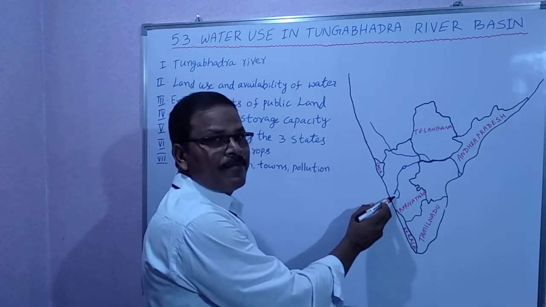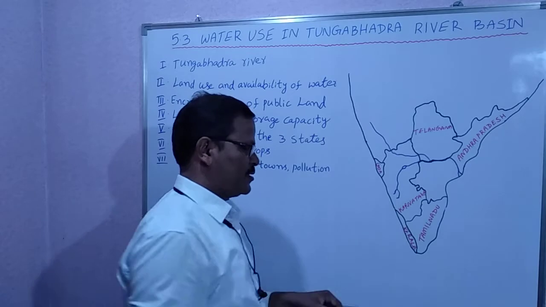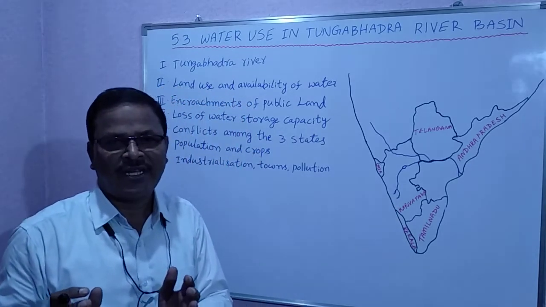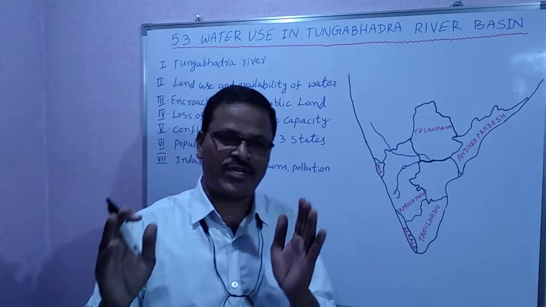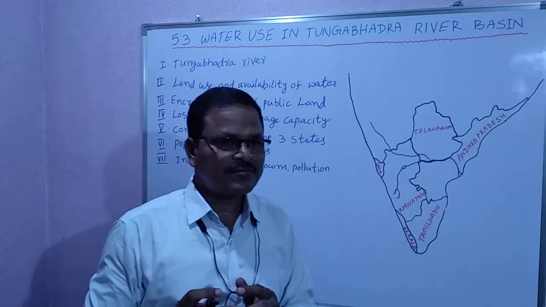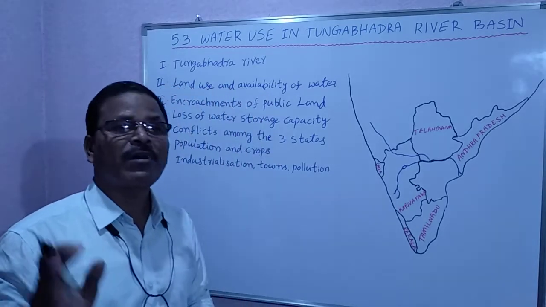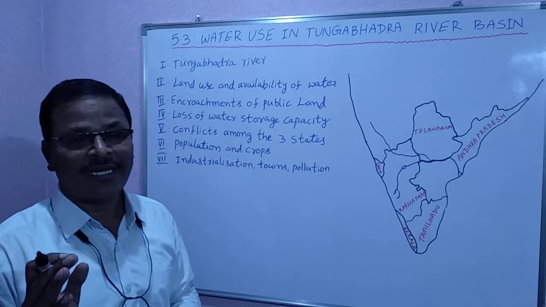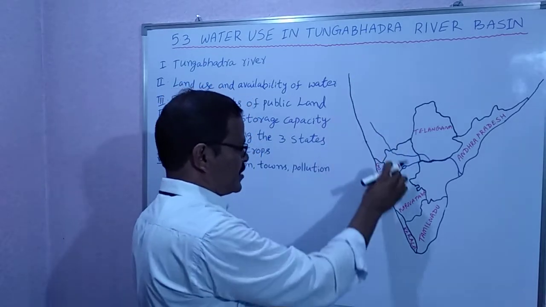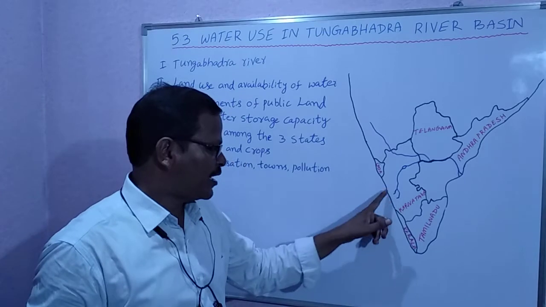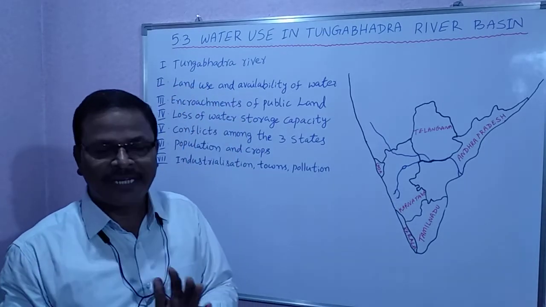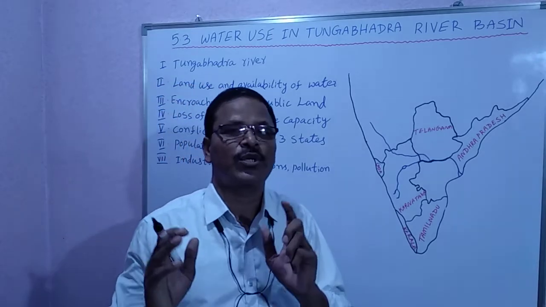These two rivers originate in Varaha Hills of Western Ghats near Mulaganga in Chikmagalur district. All these are Western Ghats.